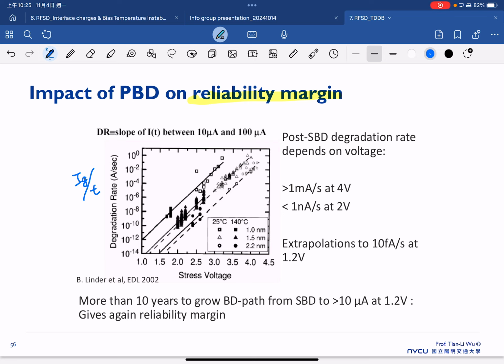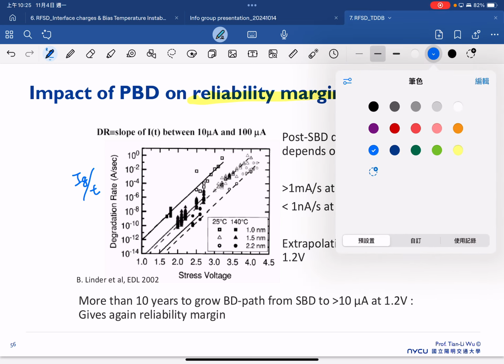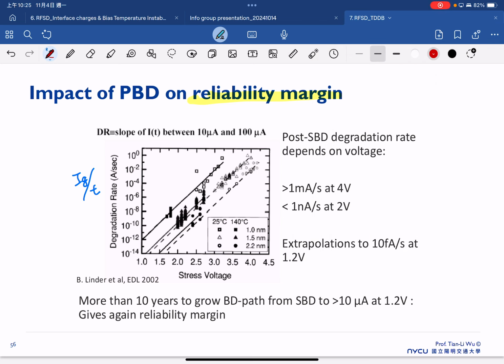So we can leverage this data to start a very basic reliability prediction. If we consider the case of 1.2 volt, the degradation rate will be very limited, probably 10 femtoamp per second.